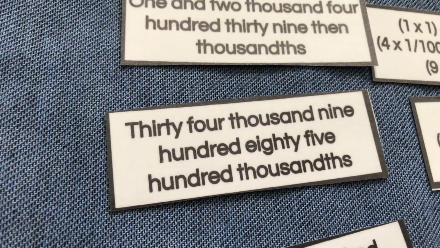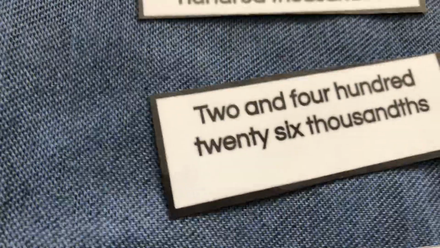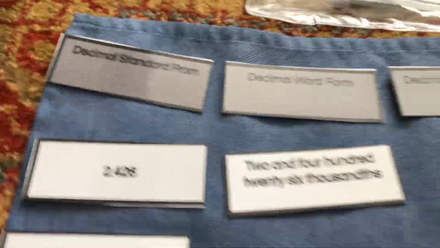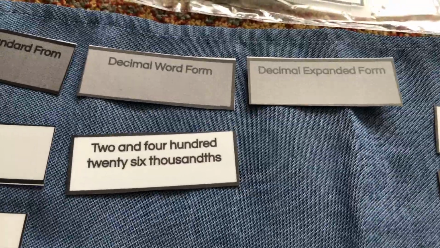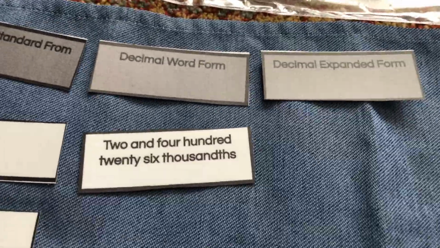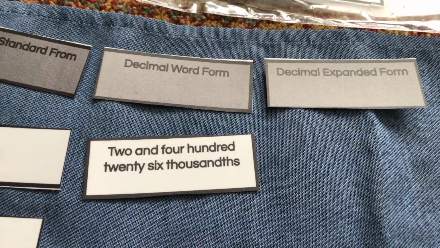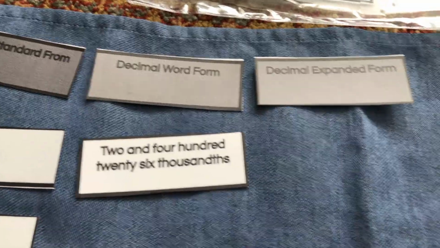34 thousandths. 985 hundred thousandths. 2 and 426 thousandths. I think that one's the one we're looking for. So we put that there next to it. And then we're going to look for the expanded form. So we're looking for 2 times 1, 4 times 1/10, 2 times 1/100, and 6 times 1/1000.